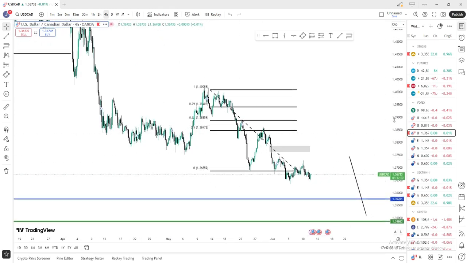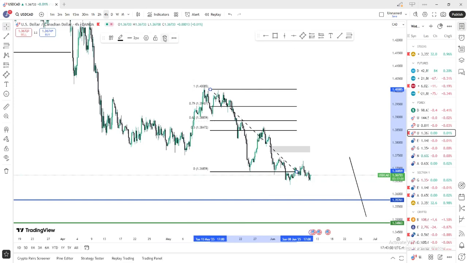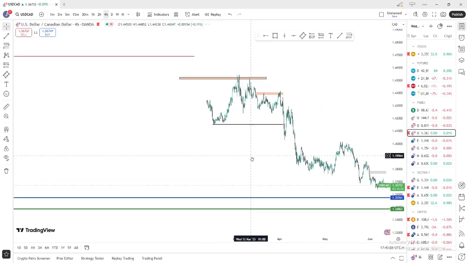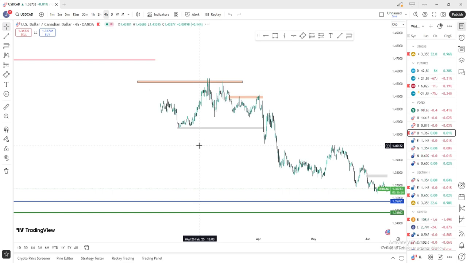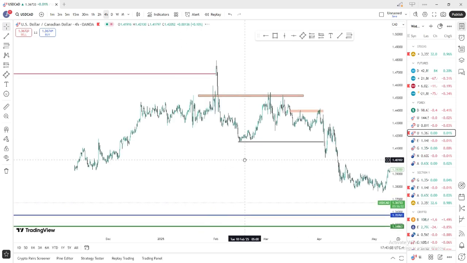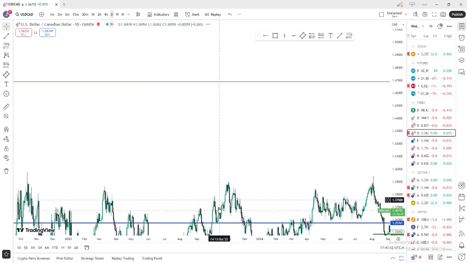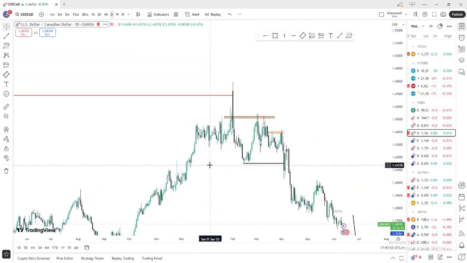So, how do we use Fib? Let me just give us a high side US dollar card. Let's go to daily. Let's use this from here.